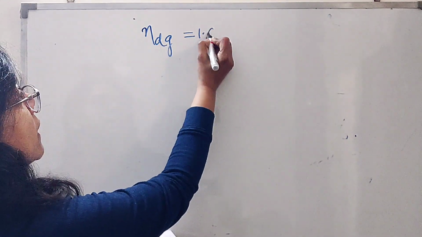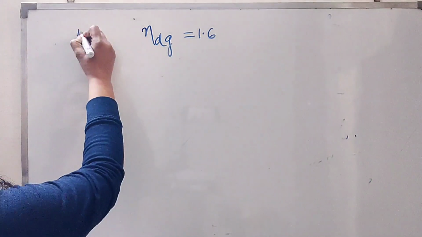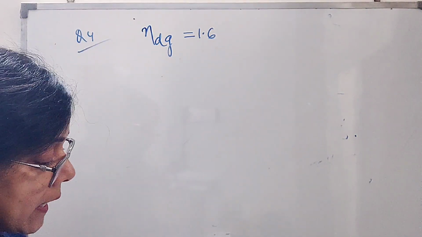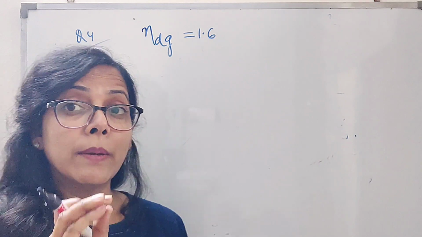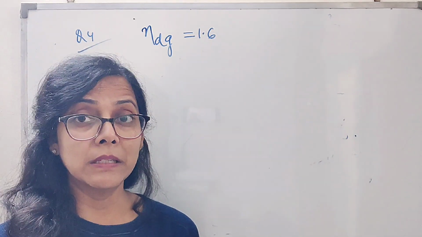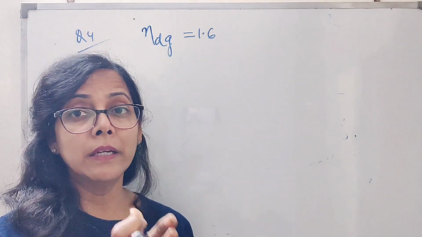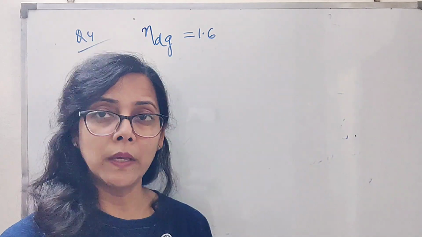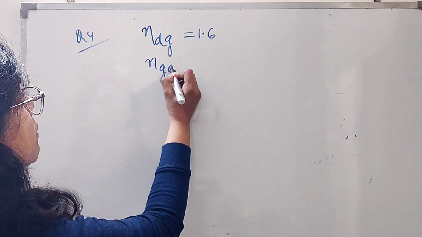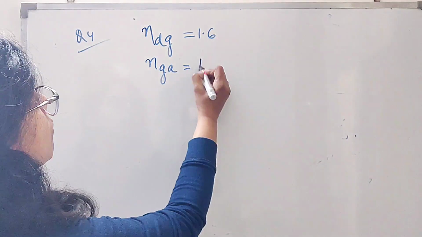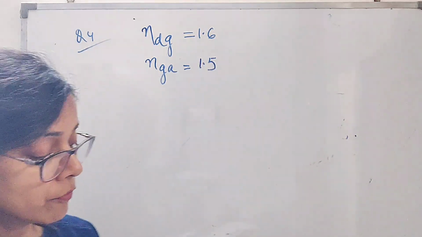This is question number 4. And the absolute refractive index of glass. I told you earlier, if absolute refractive index is given, it means that it is given in comparison to air. So this is the absolute refractive index of glass with respect to air. The value is 1.5. Find the absolute refractive index of diamond.